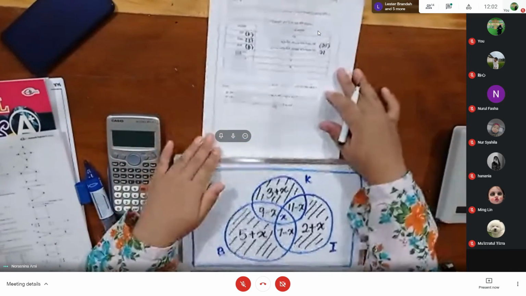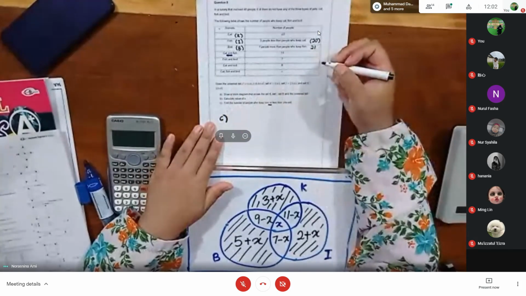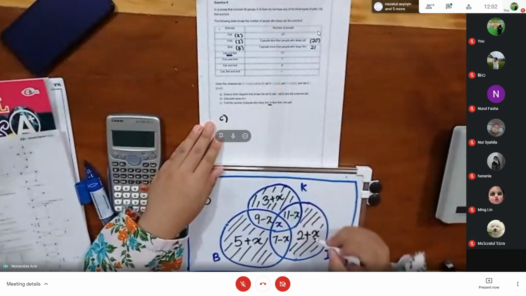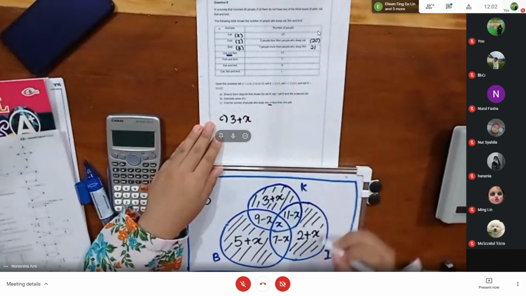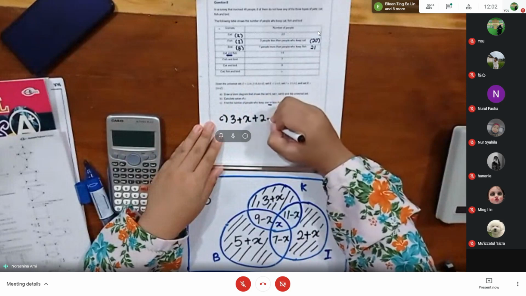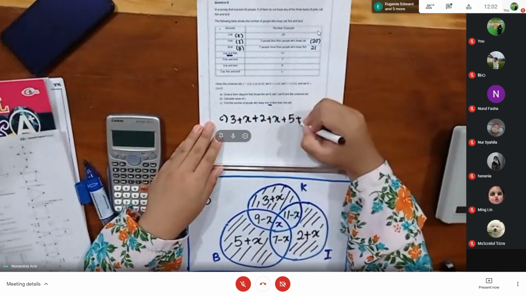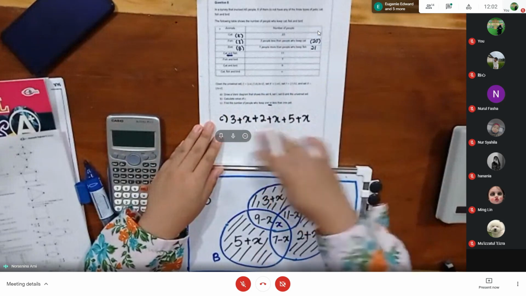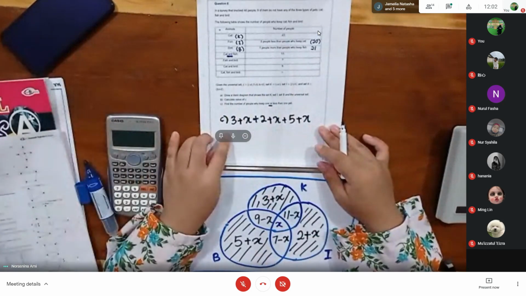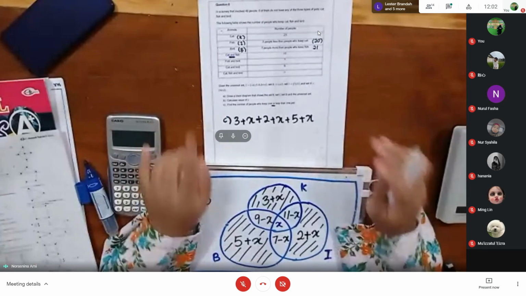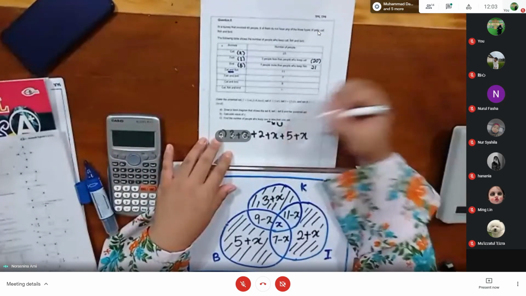Okay, so from question C, okay, 3 plus x, and then 2 plus x, plus 2 plus x, plus 5 plus x. This is the number of people who keep one pet only. Also, or, okay, or is union. Okay, union.